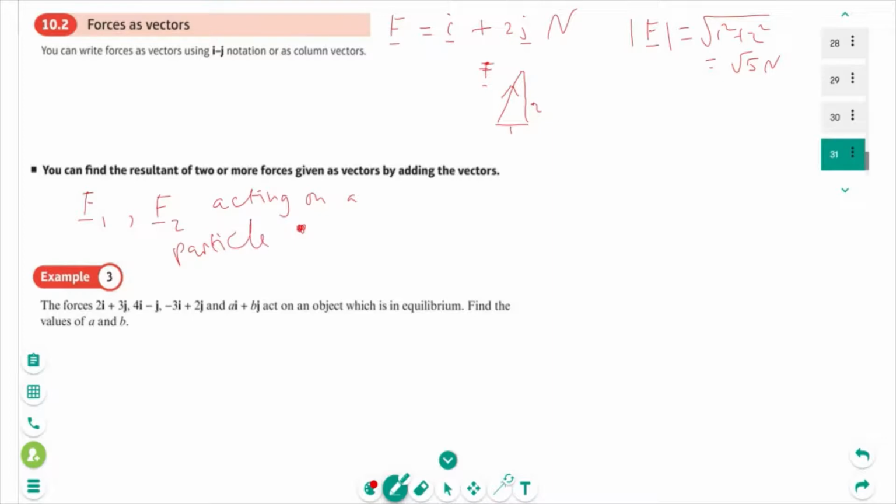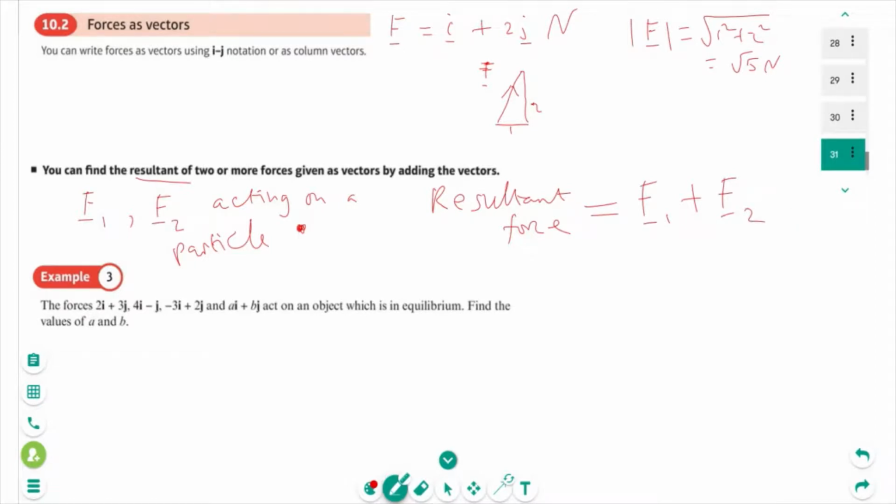Then you can work out the resultant force, the overall effect, by simply adding the vectors together. It doesn't matter how many forces are acting on the particle. To get the resultant force, you just add them together. So you use F1 plus F2. That's all you have to do.